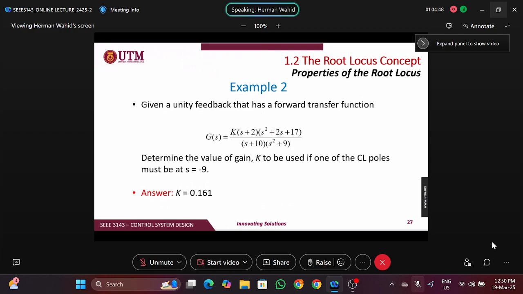So similar with this one, I will not solve for the whole. You can try by yourself, but I try to initiate what are the locations of the poles and zeros.